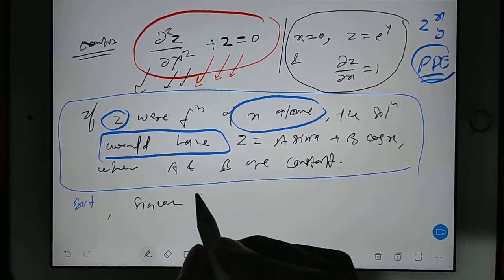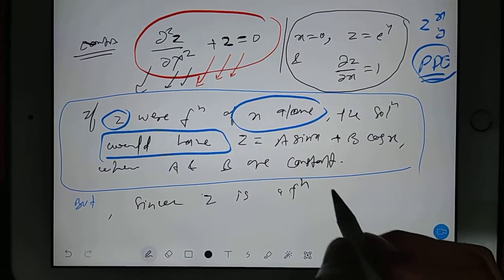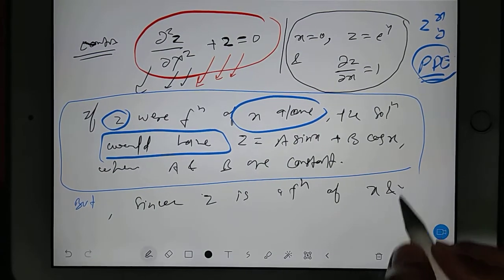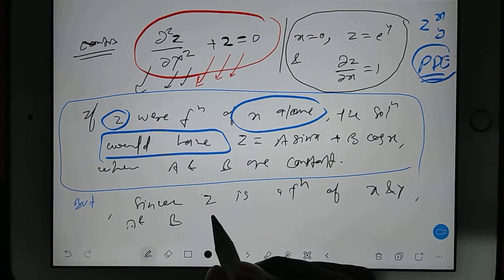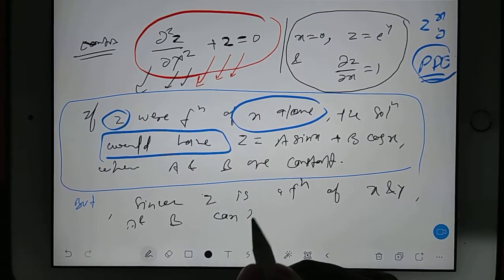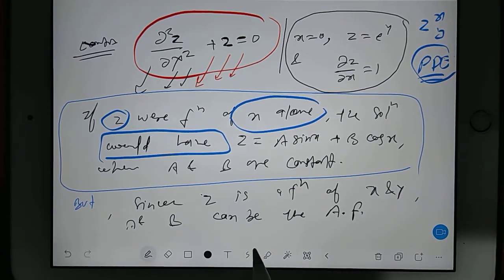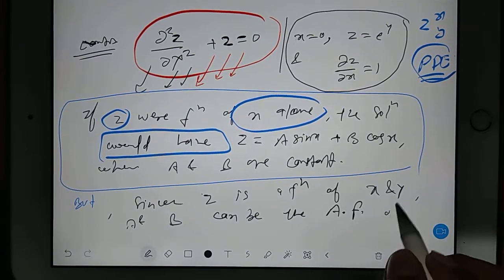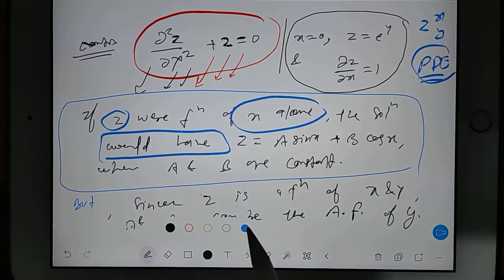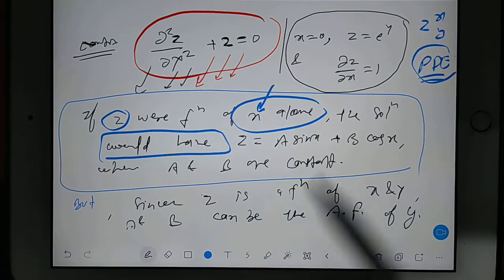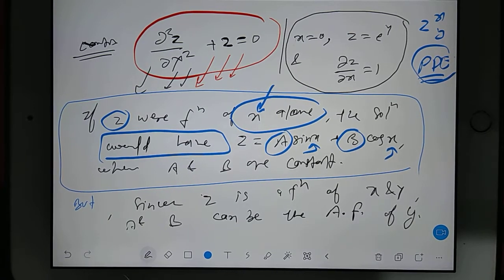This statement I am giving if z will be the function of x alone, but since z is a function of x and y, a and b can be arbitrary functions. You write the full form, arbitrary functions of y, because already x will appear here, which is nothing but here and here. So there is no chance that these are going to be x.